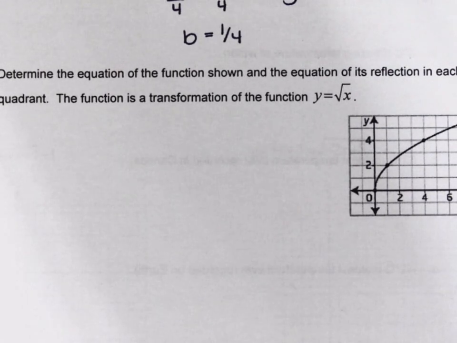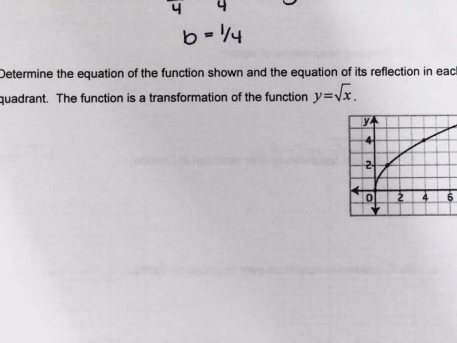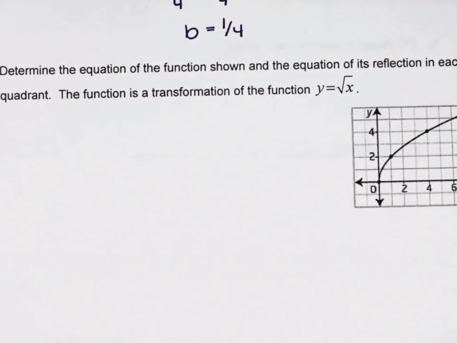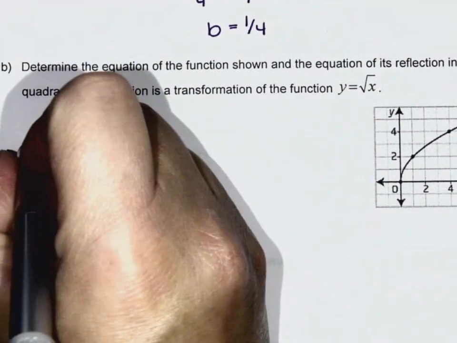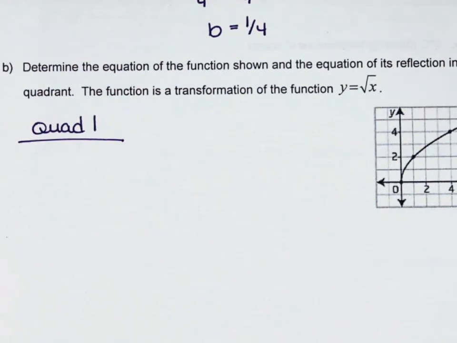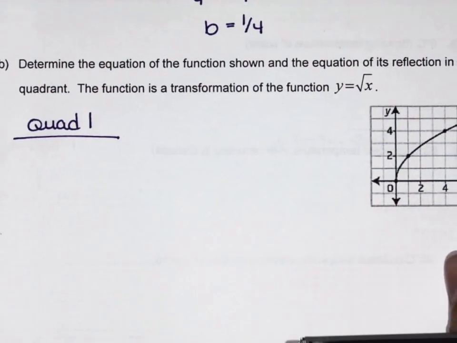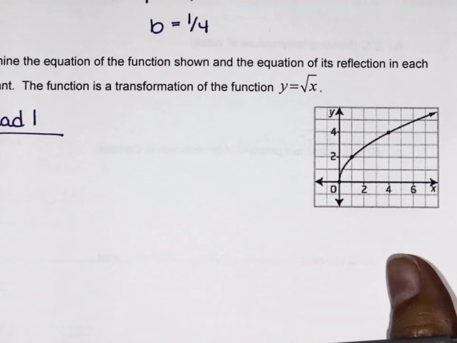Here we go. Determine the equation of the function shown and the equation of its reflection in each quadrant. The transformations are done to the graph y equals root x. All right. So, quadrant 1. Are there any reflections?